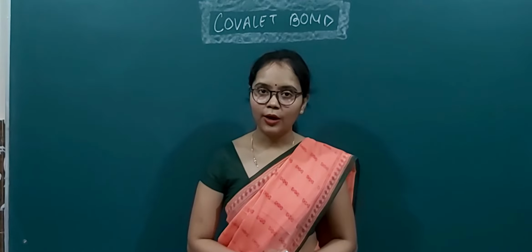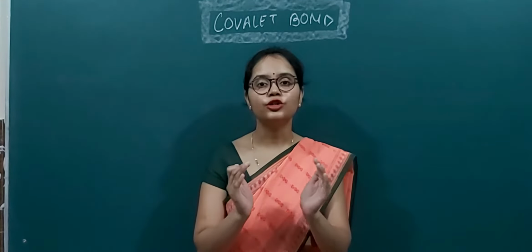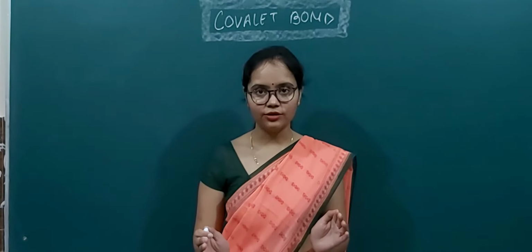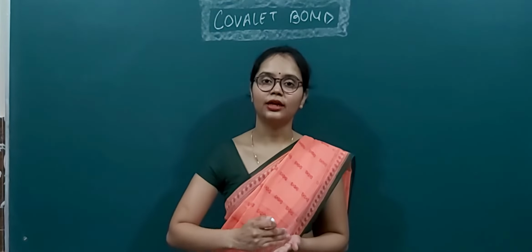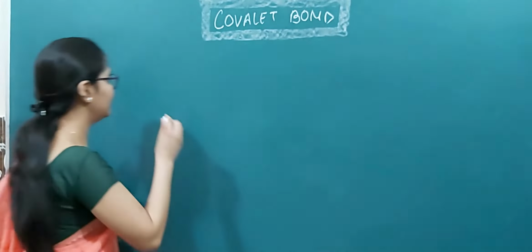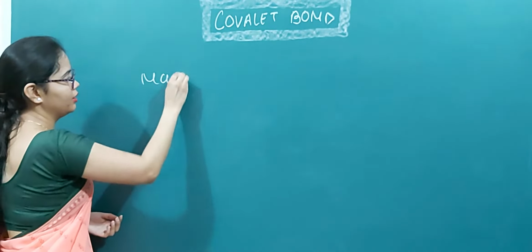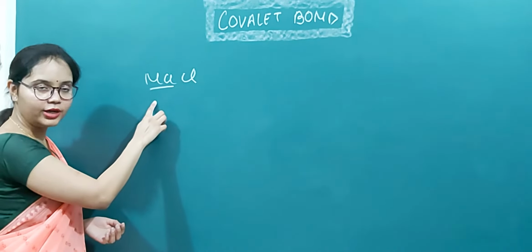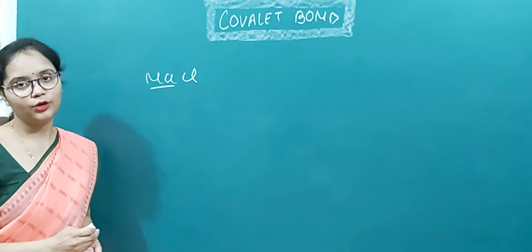So in ionic compounds, I told you that the constituent atoms should have a large electronegativity difference so that they can transfer the electron from one atom to another. For example, in NaCl, as sodium belongs to the first group in the periodic table, it has a lower electronegativity.